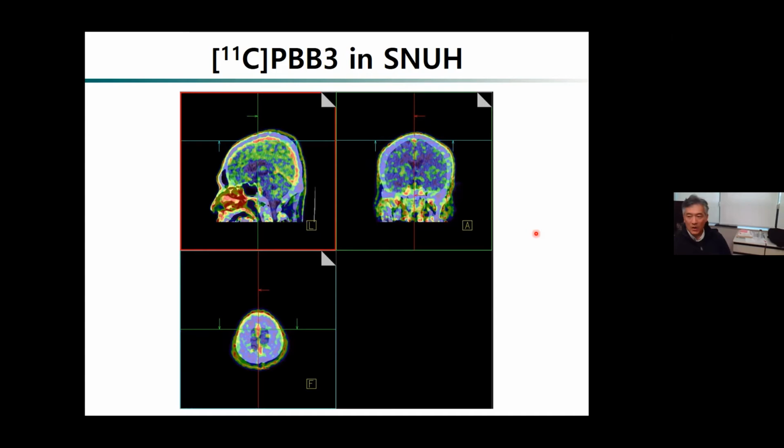So now Merck or AstraZeneca also focus on the second generation of the tau imaging agent. That is under development.